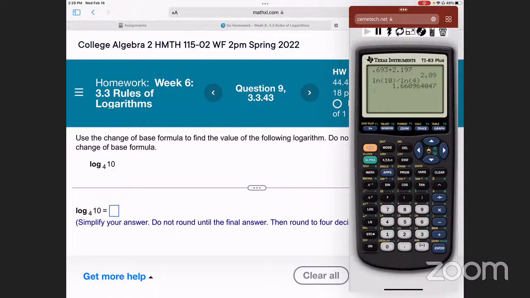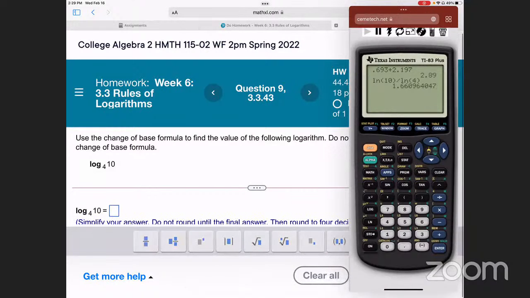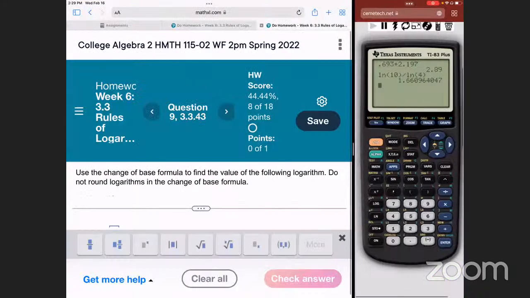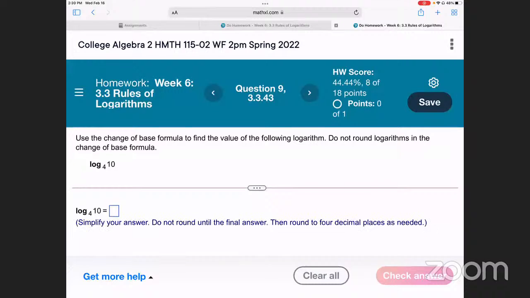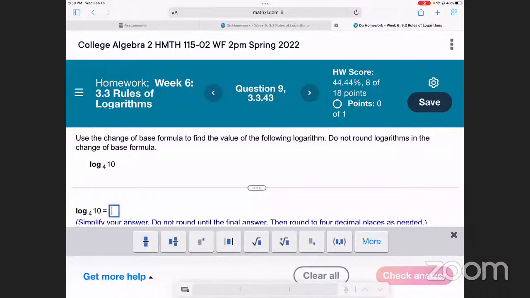Round to 4 decimal places, 1.6610. Yeah, 1.6610. That's right.